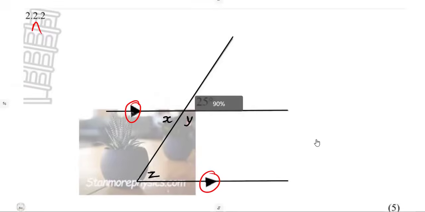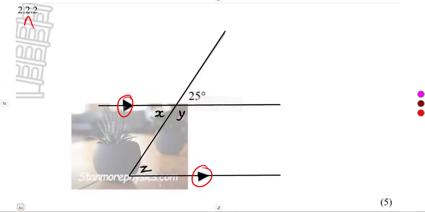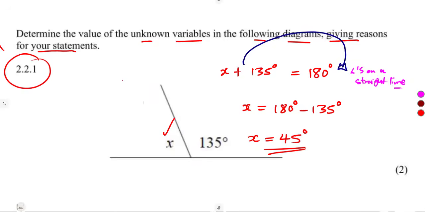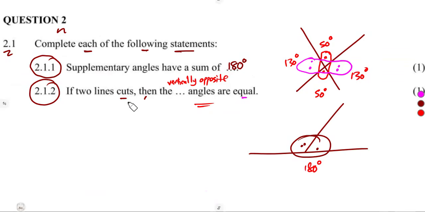So the question is, how are we going to determine these? Let us start with the x. X and 25 degrees here. There are two straight lines, this one and this one, which cut. Remember we said when two straight lines cut, vertically opposite angles are equal.